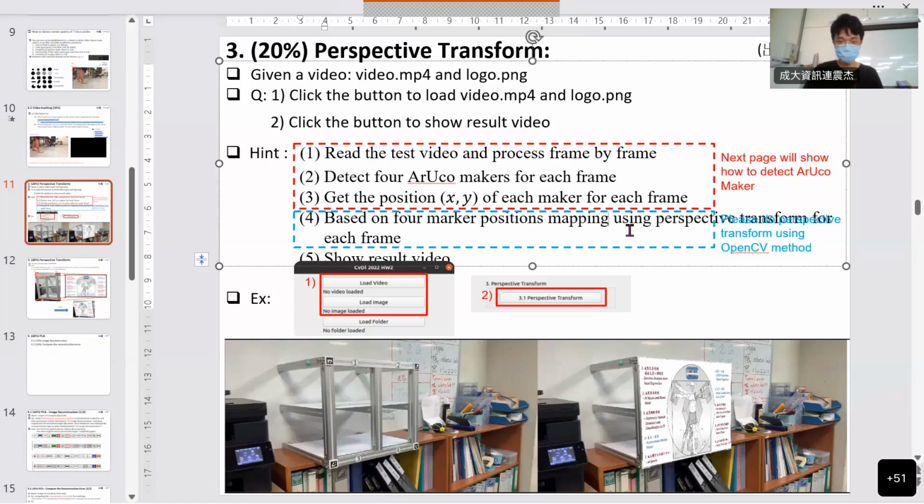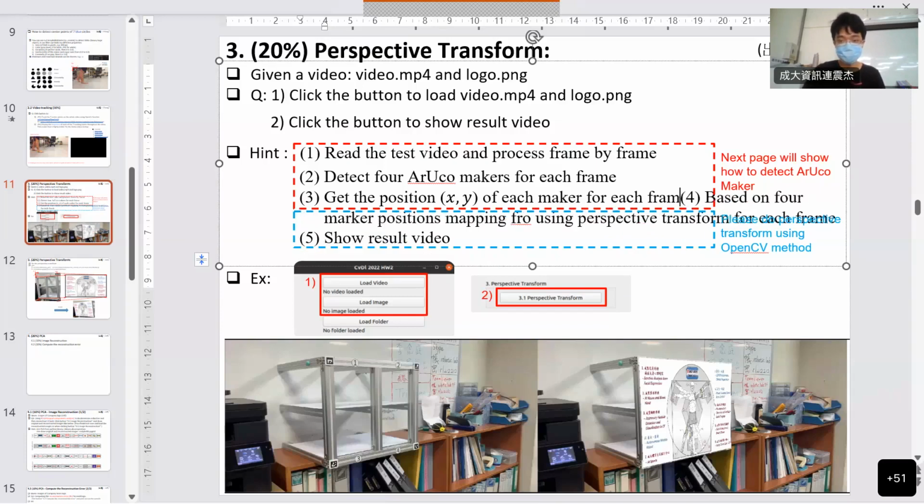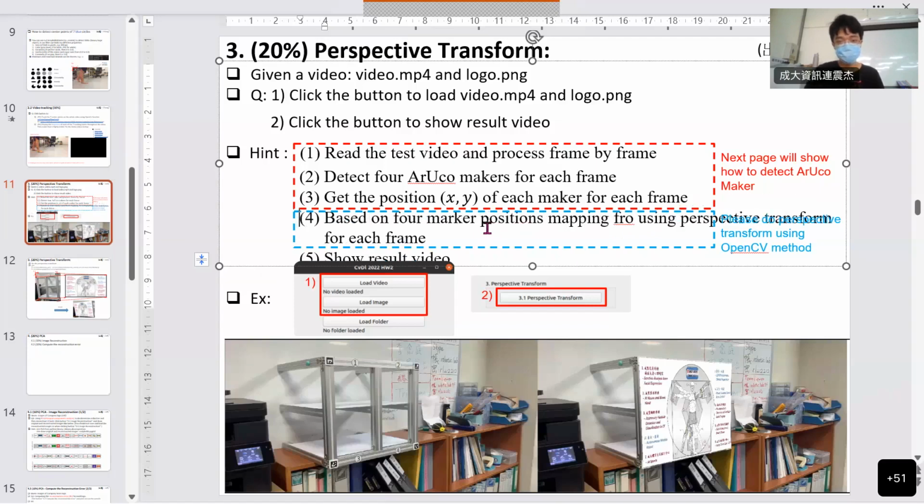These are four corners, four marker positions.